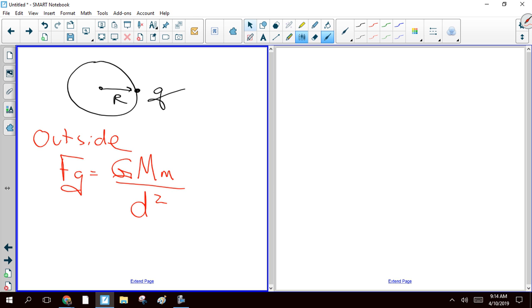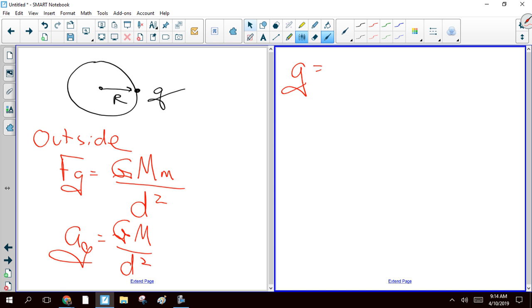You divide by the little m, right? So that means that our acceleration of gravity at a given point is G times capital M over d squared, right? Cool. So what this is telling me is that g is G times M over capital R squared, right?